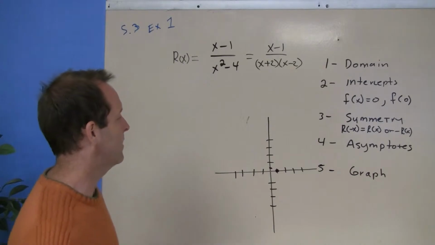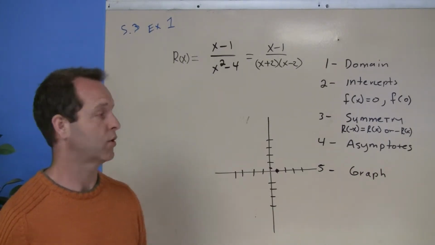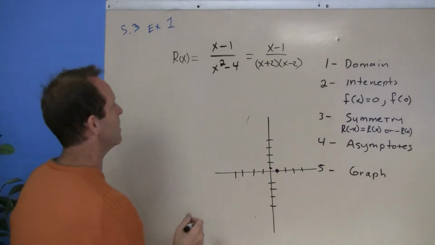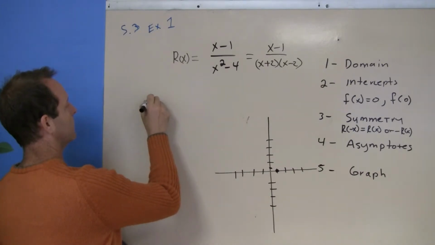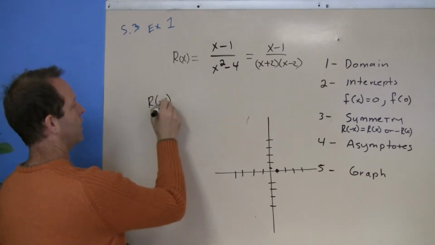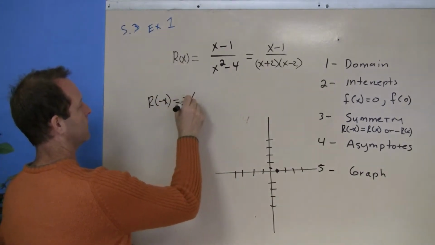Next we can determine if it's symmetric with the y-axis or if it's symmetric with the origin. In order to do that, I'm going to evaluate the function at negative x.